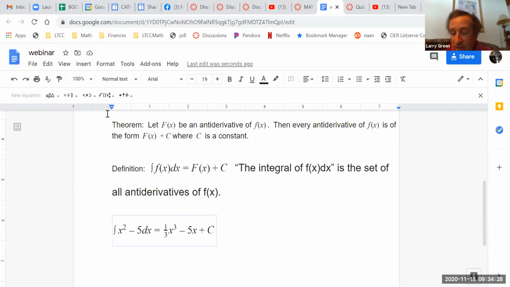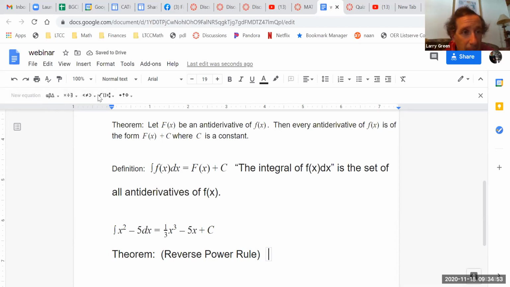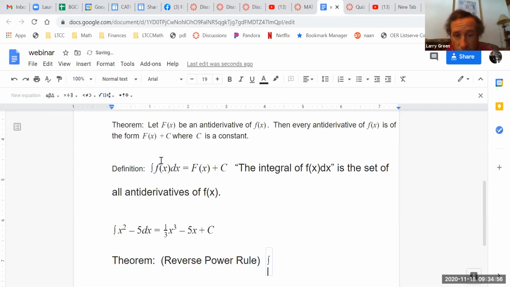Okay, so now let's do a theorem. This is called the reverse power rule. It's very easy to write down. It says that the integral of x to the n dx is equal to, can you guess, based on the example we just did?